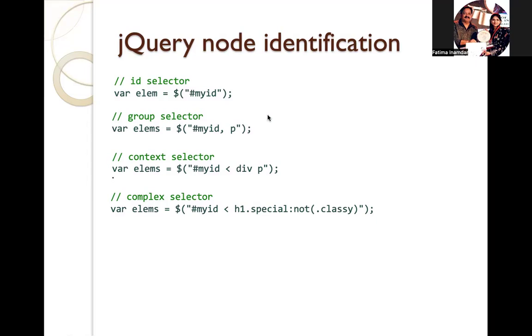For that we use the CSS selector, in which we write the dollar sign and then afterward the name of the selector. These include the group selector, ID selector, context selector, and complex selector. These are considered as jQuery selecting HTML elements using CSS selectors like tag, ID, and class. The dollar function is used to access the element for manipulation.